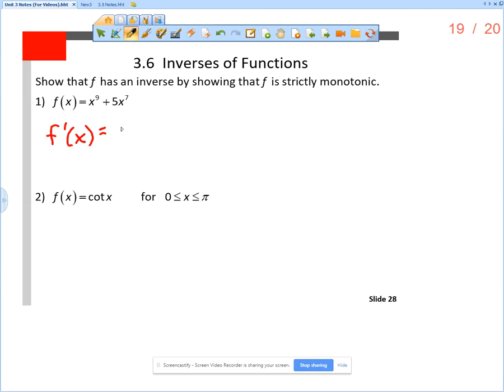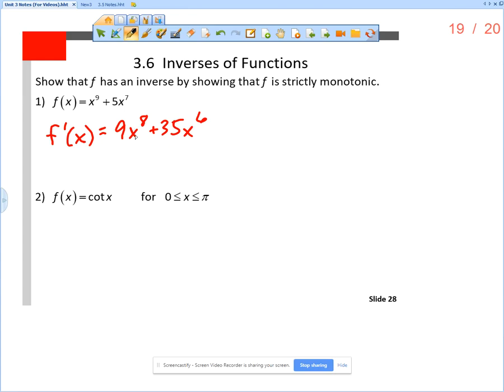All right, so f prime of x is 9x to the 8th plus 35x to the 6th. If we put any value of x in, what are we going to get? Well, x to the 8th is going to be a positive number.